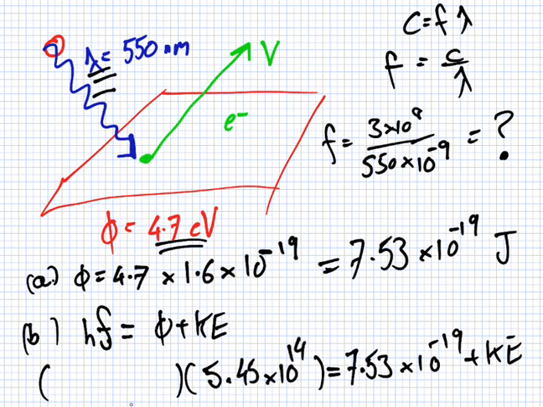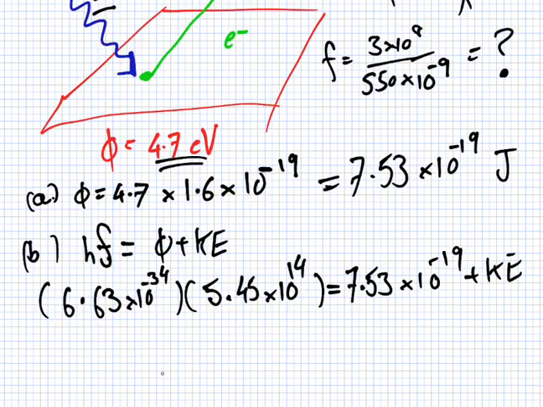And then here is h. What did I say h was? 6.63 times 10 to the minus 34.